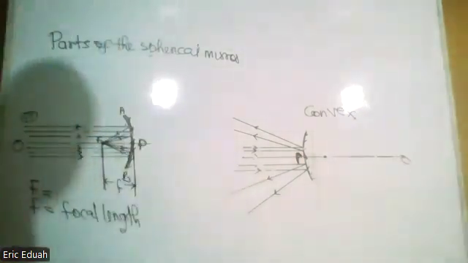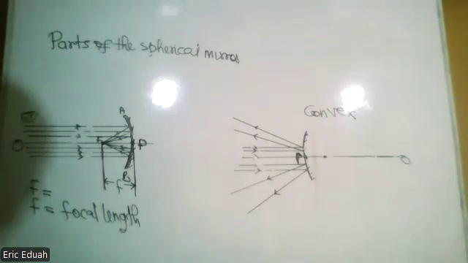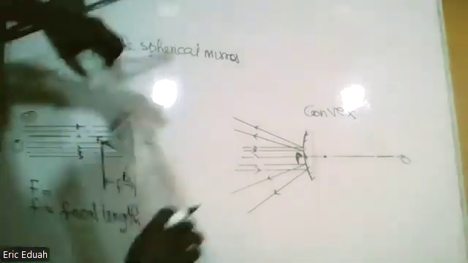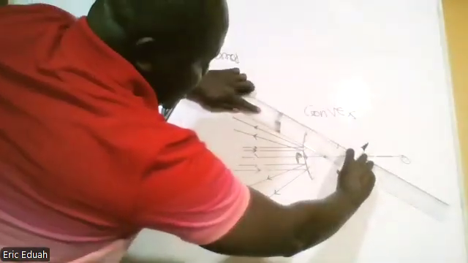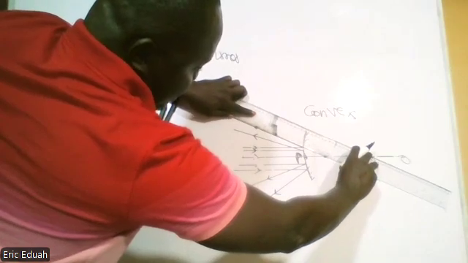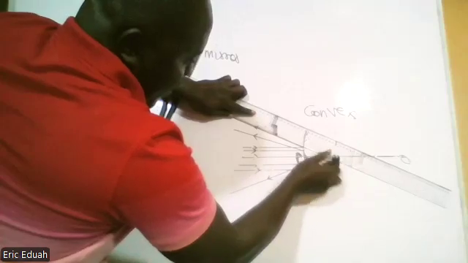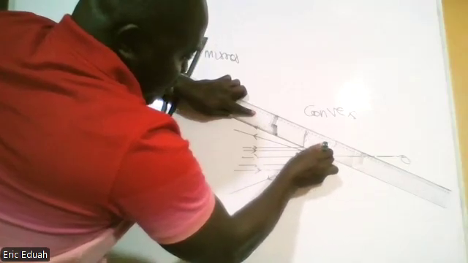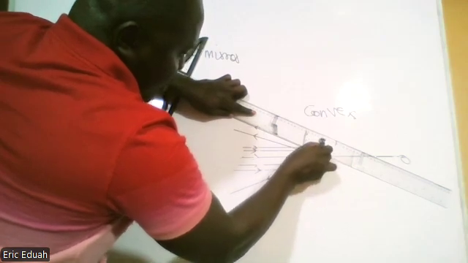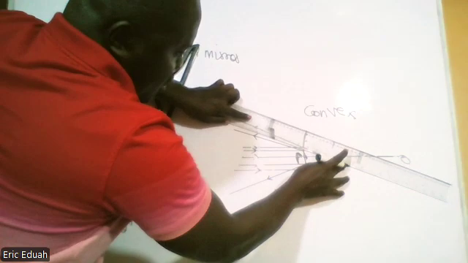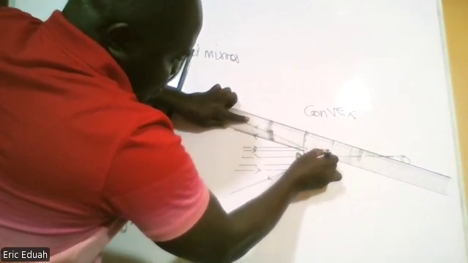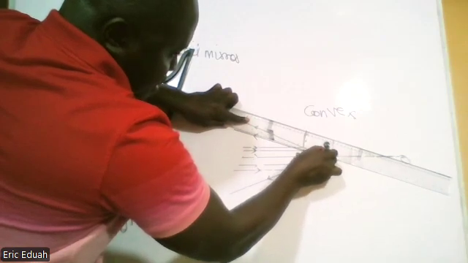Now, you see, when I was tracing the diverged rays, I also connected the diverged rays to a point on the principal axis. This point. It's a virtual point. So the reason for which I'm using broken lines is to indicate that point.